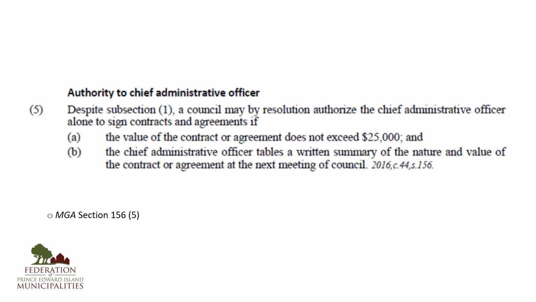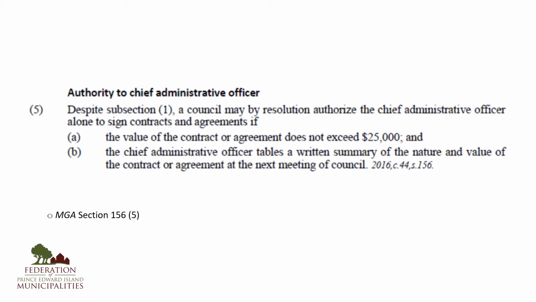So a quick note on signing authority for purchases and contracts. Within the MGA, there is a provision, 156, that says all checks, electronic transfers, agreements, contracts, etc. shall be signed or authorized by both the mayor and the CAO.